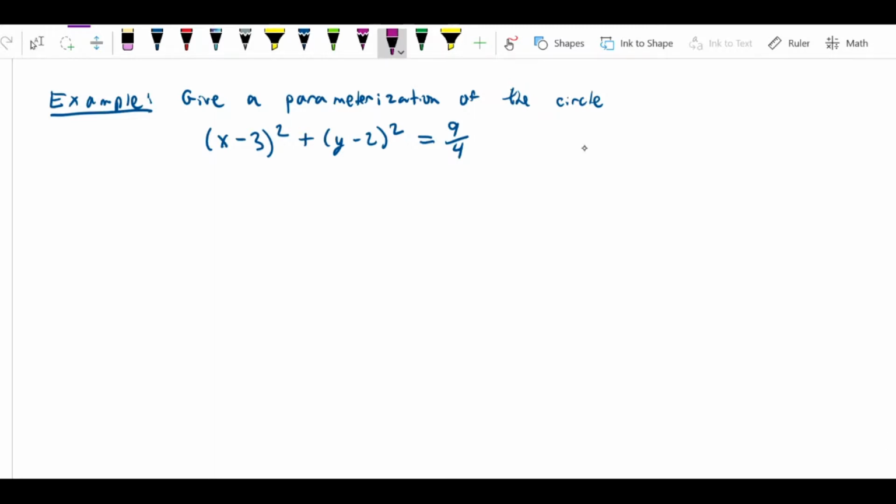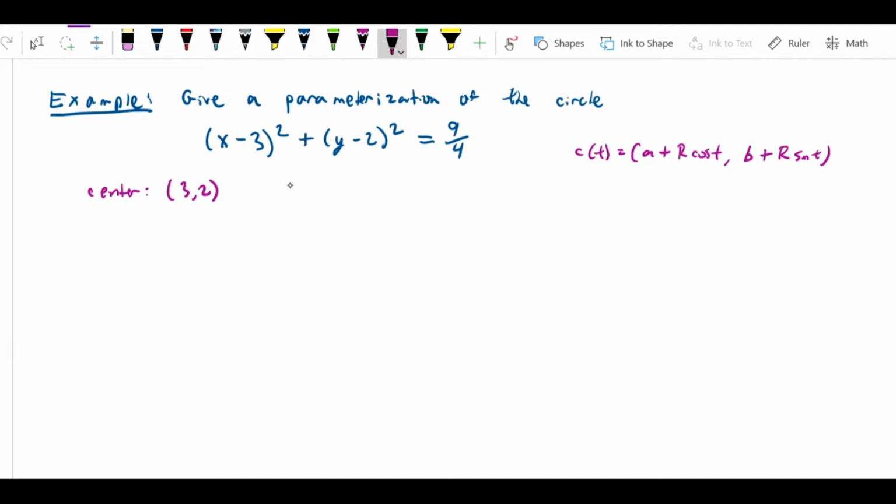Recall that we can parameterize any circle using a plus r cosine t, comma b plus r sine t, where r is the radius of the circle and a, b is the center of the circle. So we can read right off of here that this circle has center 3, 2. That's a fact we know from our earlier pre-calc courses, the analytic geometry unit, as well as the beginning of Calc 1.